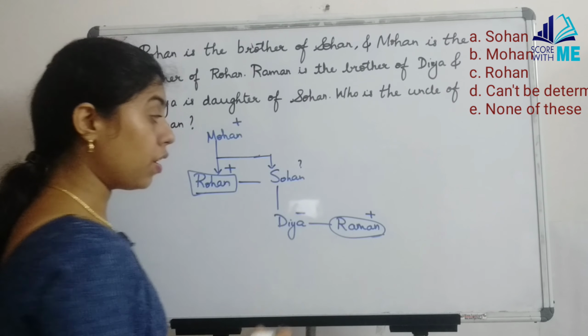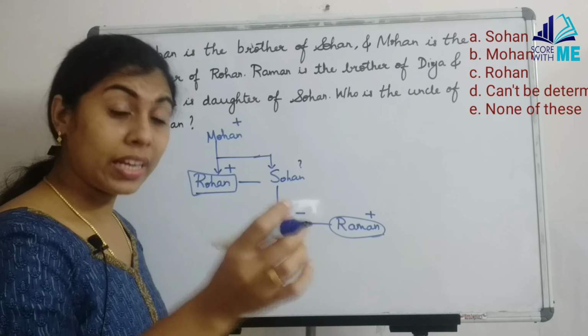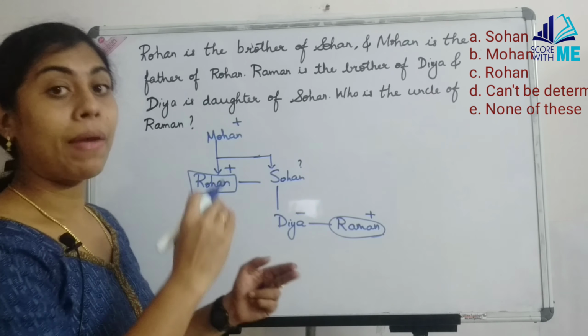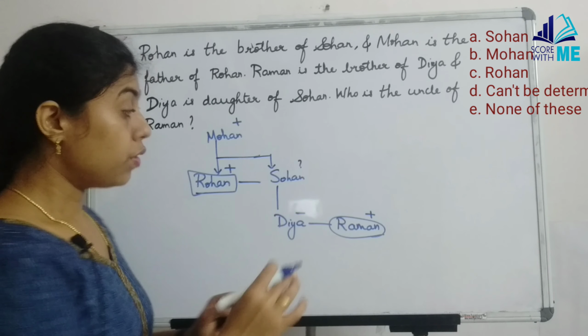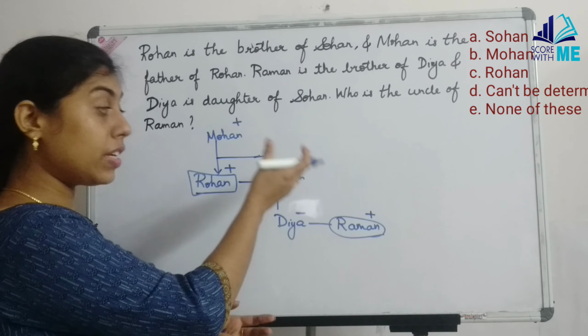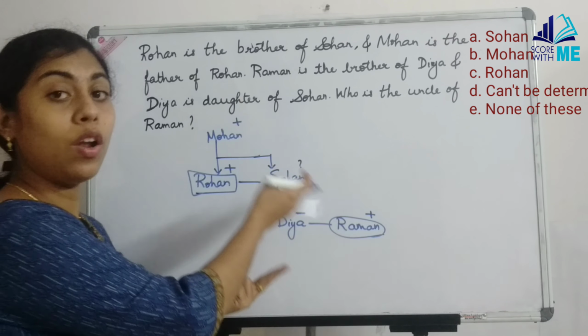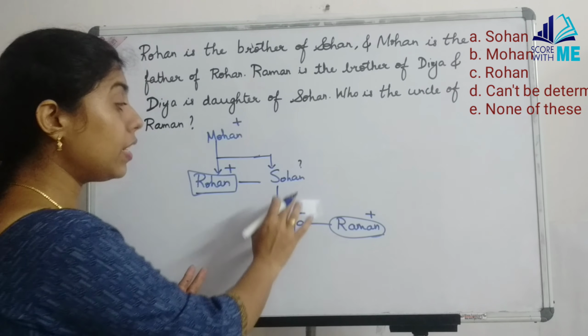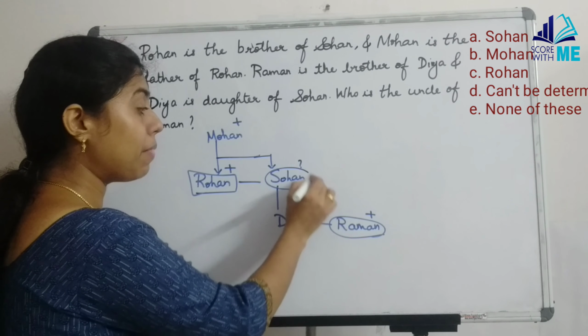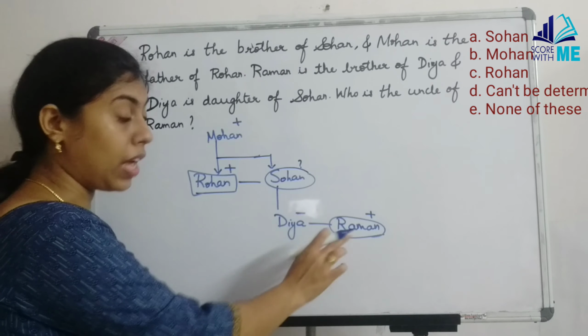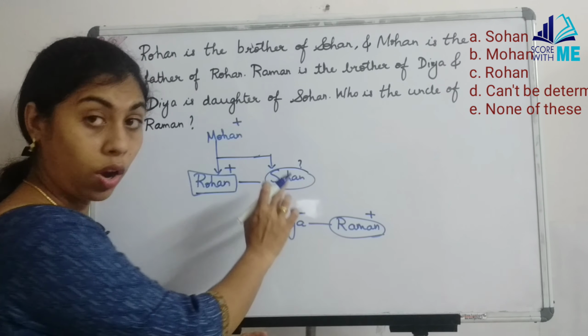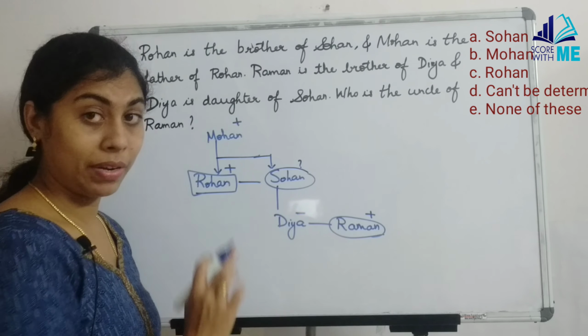So gender is unknown, but in English language, maternal and paternal, everything is uncle. So even if Sohan is female, even a lady's brother will be uncle of her children. So still, irrespective of Sohan being male or female, Rohan is going to be the uncle of Raman. Gender is not known of Sohan. That should also be kept in mind.